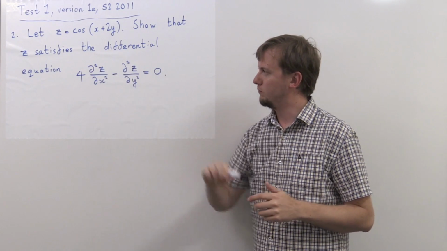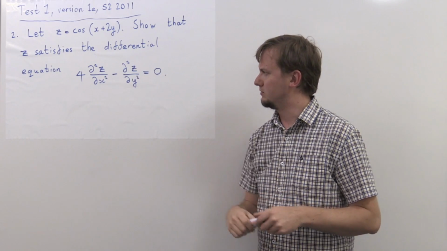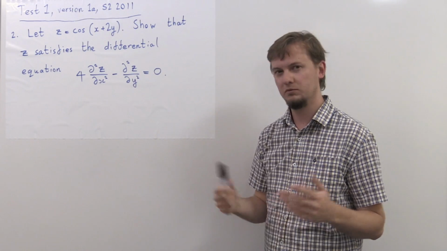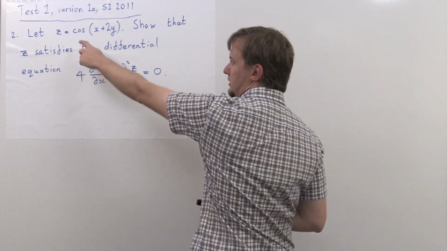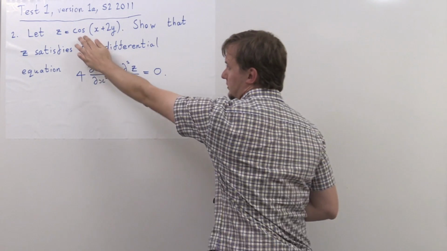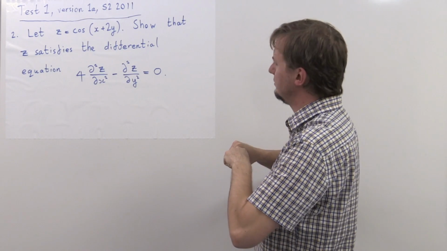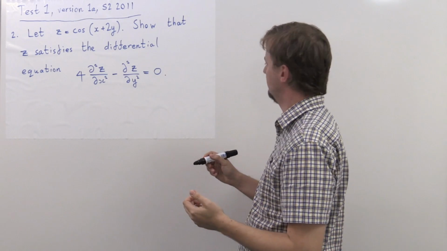If you take 4 times the second partial derivative with respect to x and subtract off the second partial derivative with respect to y, it should calculate out to 0. They're actually giving you a very explicit function here. You can actually do this question where this is an unknown function, but here it's very nice. So let's calculate what the partial derivatives are and verify this relation.